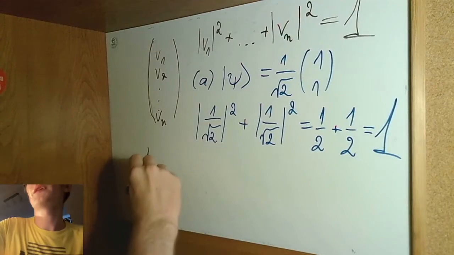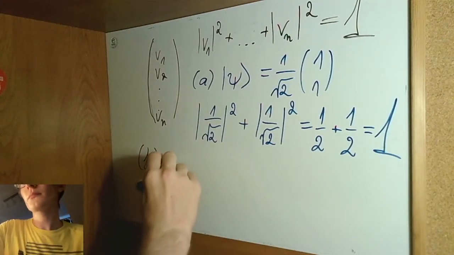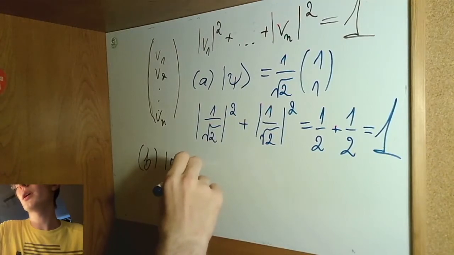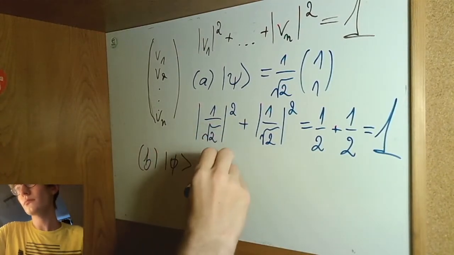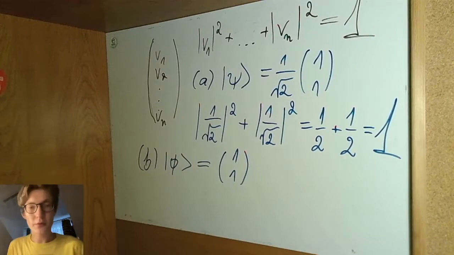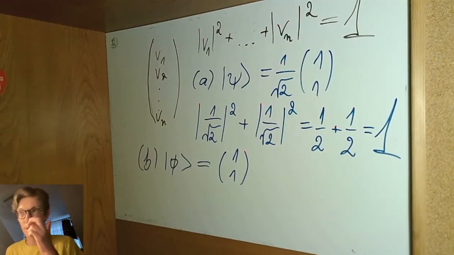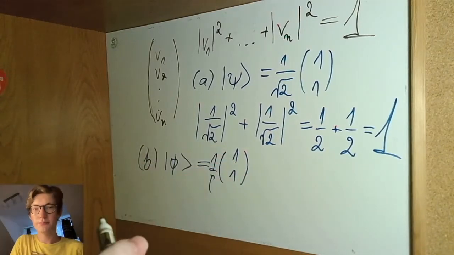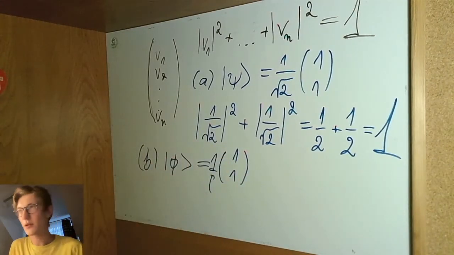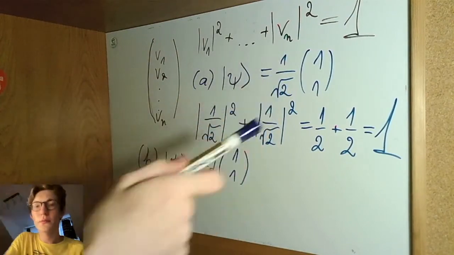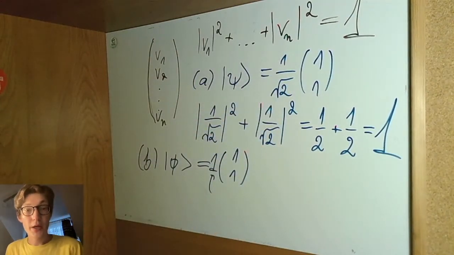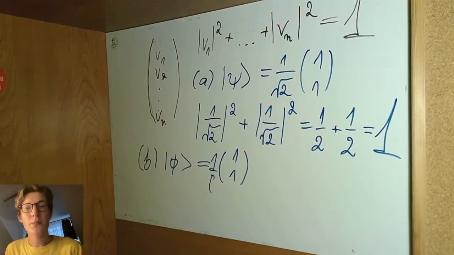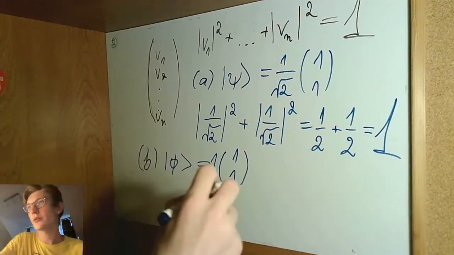But in the second case, it is a very similar vector which has another factor in front of it. Here is 1, we can write this one, it doesn't change anything, but it is not 1 over square root of 2. So by only this, we already know that it is not normalized, because it's another factor.